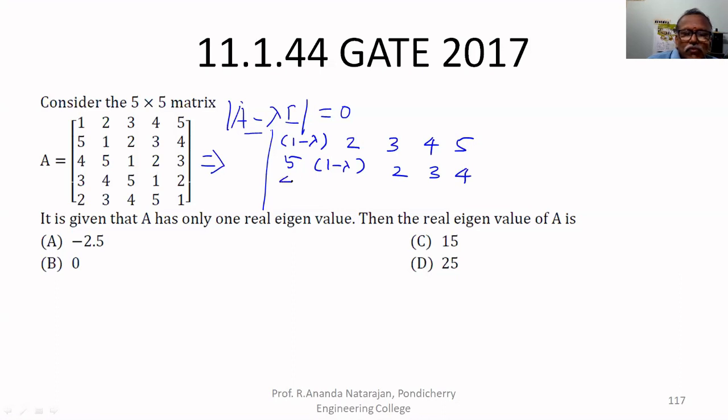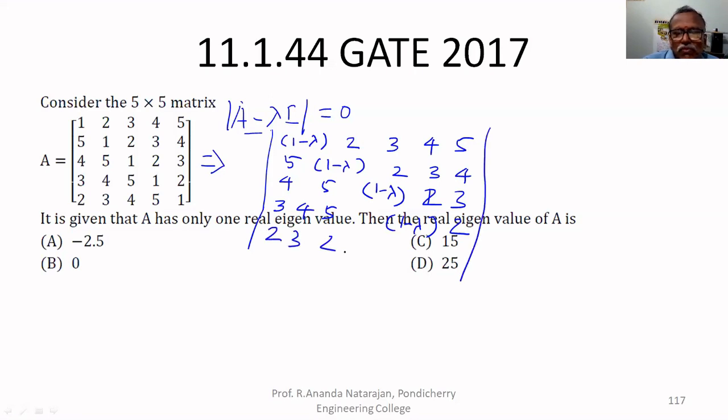Then 4, 5, 1 minus lambda, 1, 2, 3. Then 3, 4, 5, 1 minus lambda, and 2. The last row starts with 2, 3, 4, 5, 1 minus lambda.